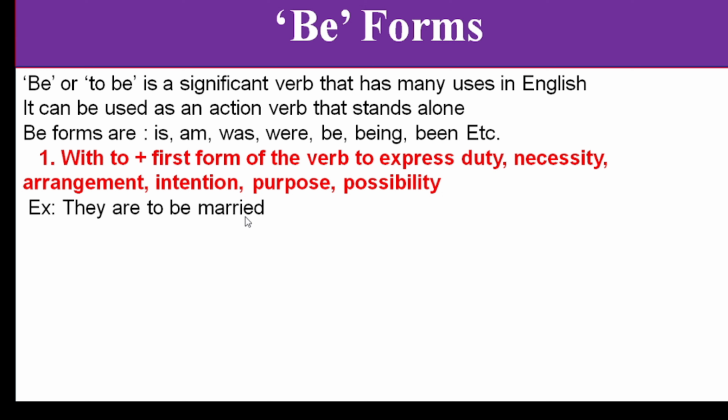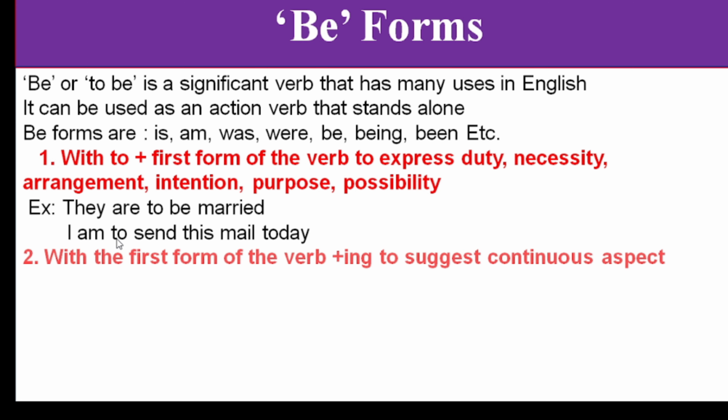Here we can understand the possibility in the sentence. Here we use to. Are is a be form, so we are using are plus to. Look at the next one: I am to send this mail today. Here am is also taking to.